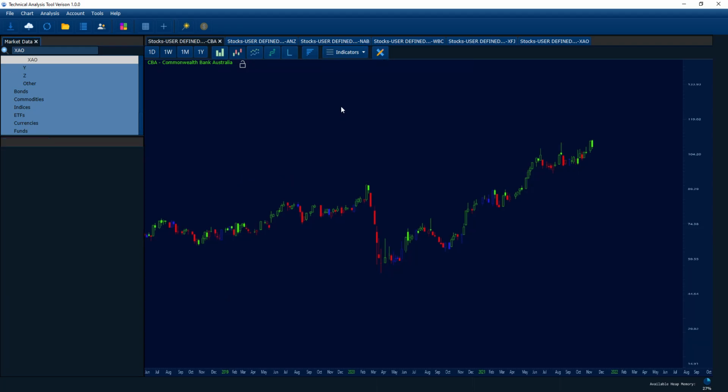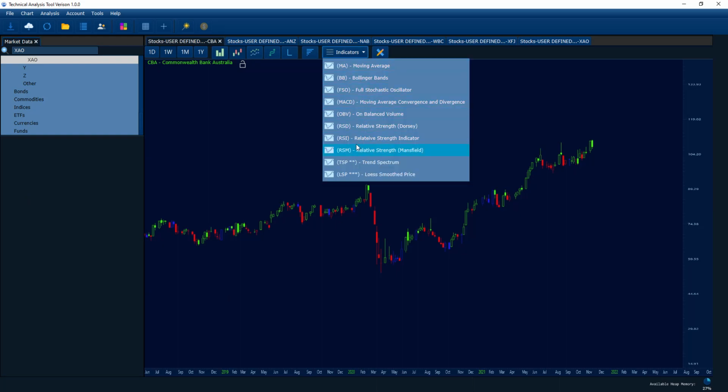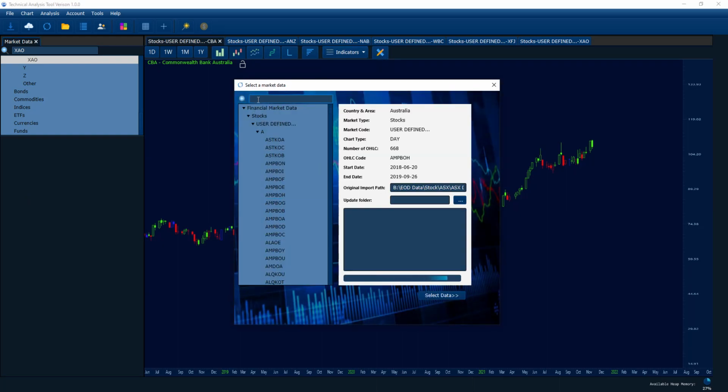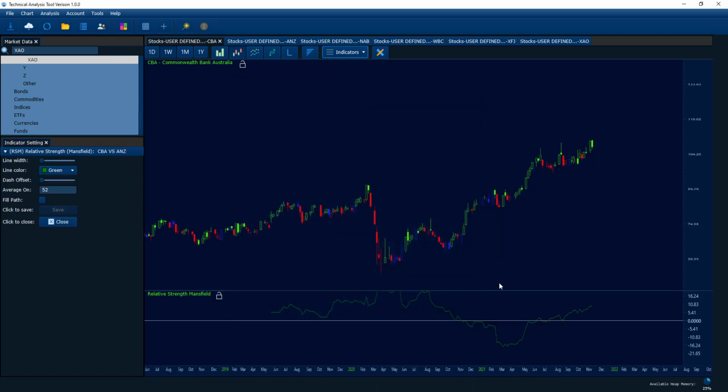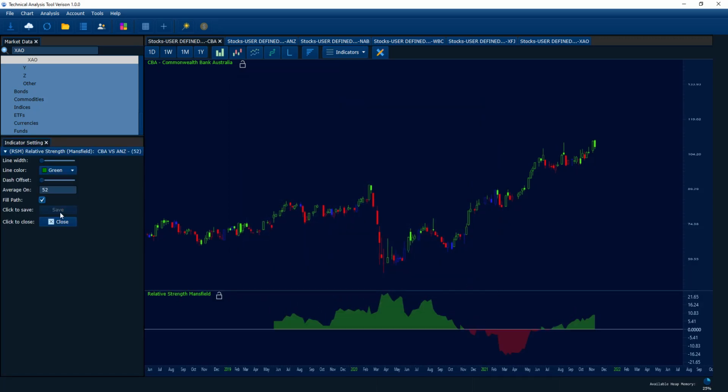And also you can compare the share with another share. For example, you want to compare the Commonwealth Bank with ANZ. You just type in ANZ here, select data. So as you can see, in the RSM we compare the Commonwealth Bank with ANZ. You can read from here CBA versus ANZ.